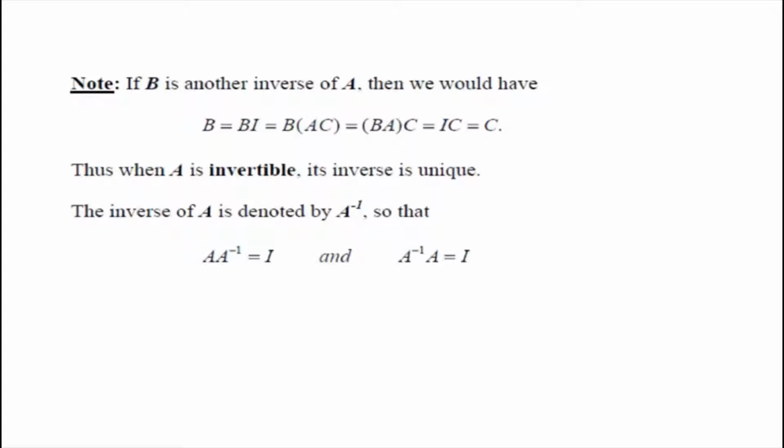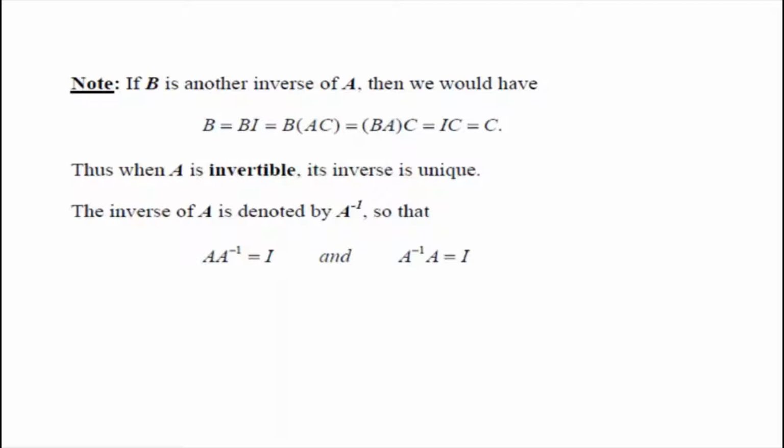It's always true that the inverse of a matrix is unique. For example, if we consider that B and C are the two inverses of a matrix A, then we observe that B is equal to B into I, because the product of any matrix with identity matrix results in the same matrix, and I can be replaced by AC because we know that C is the inverse of A and the product will definitely be equal to identity.